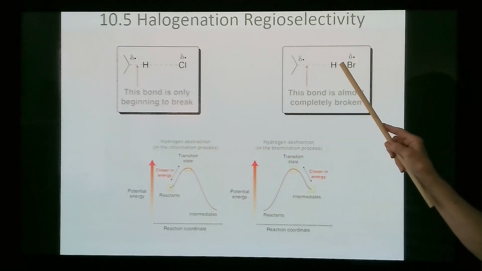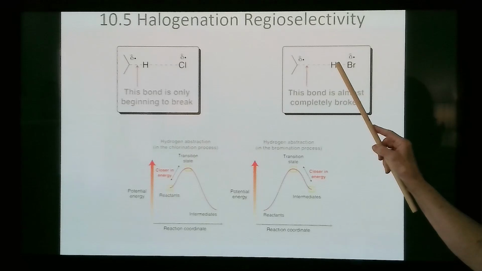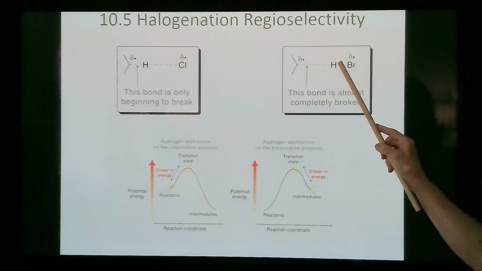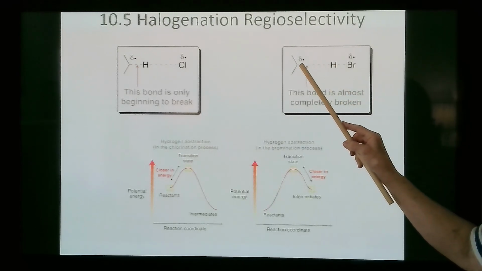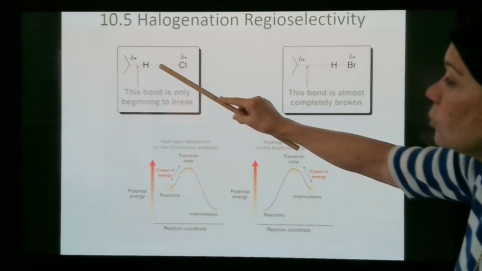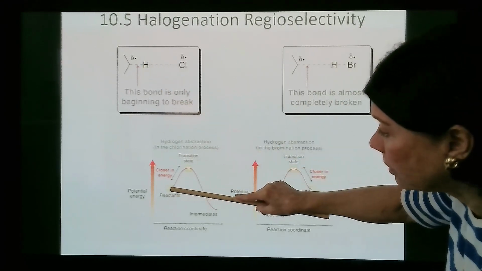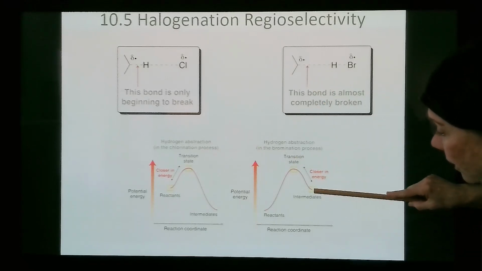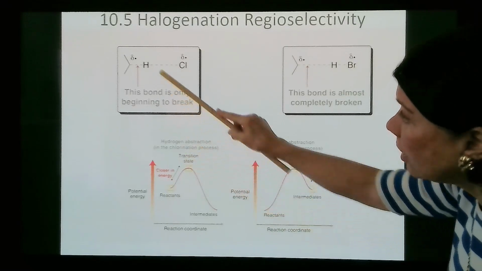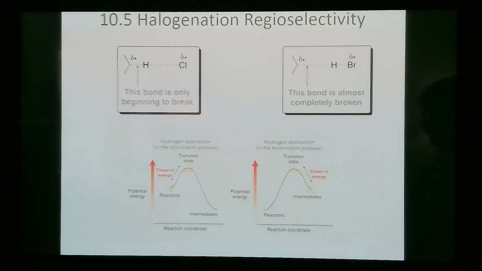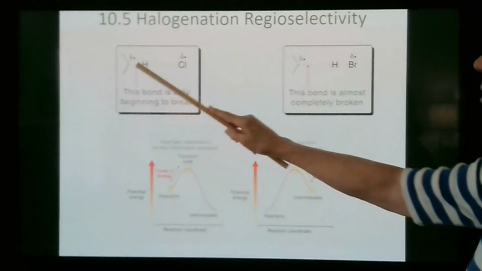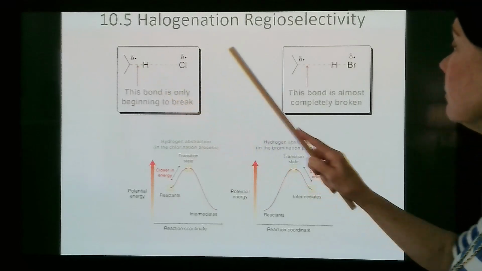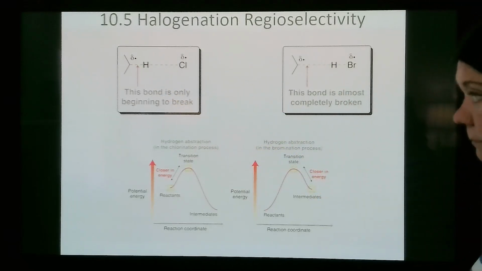Over here, this is much closer to the intermediates, and so when Br dot comes in to abstract H dot, this bond will be mostly broken, okay? So this bond will still be relatively intact over here, and over here, the bond will be mostly broken because this is closer to the intermediates, and this one is closer to the reactants. So that's what it means by closer structurally to the reactants, closer structurally to the intermediates. The CH bond is mostly formed here. Here the CH bond is mostly broken.